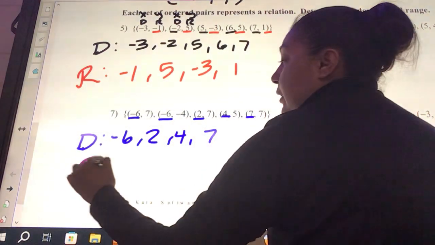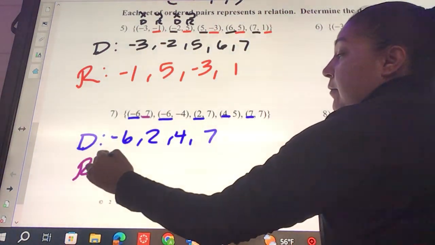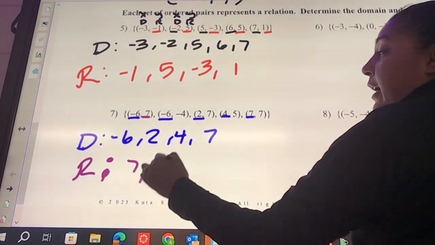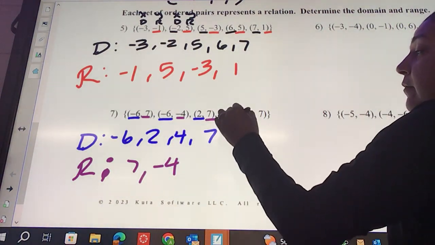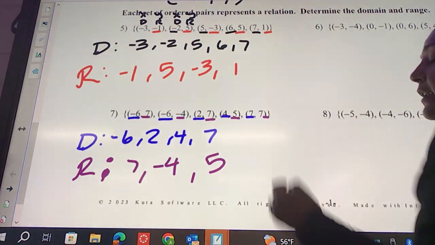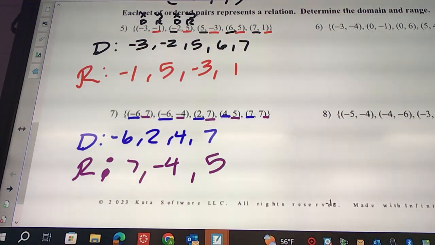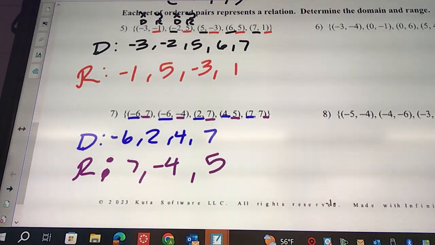My range is going to be 7, -4, 7, 5, and I got another 7. So again, we do not repeat on the same line. If you want to write them all down and then erase the ones that are repeated, you can totally do that, or X them out, whatever. But we do not repeat.